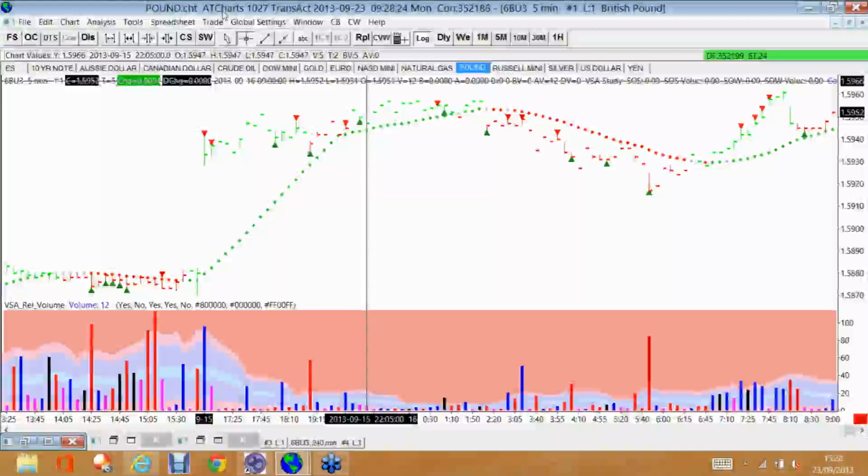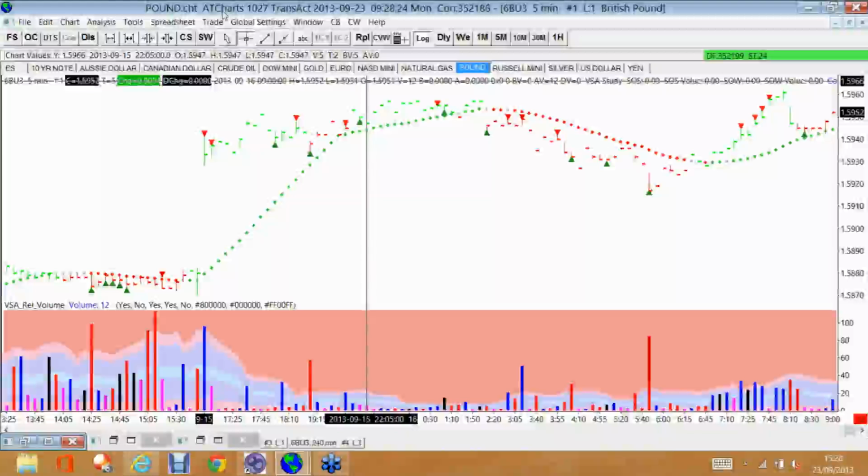Okay, and I want to talk about this at the area here now, because I'm using a 1-minute chart, okay, to trade. I got a short trade on here, but took my profit when this bar appeared, because this bar here is a very strong indication that the market's going to reverse on you.